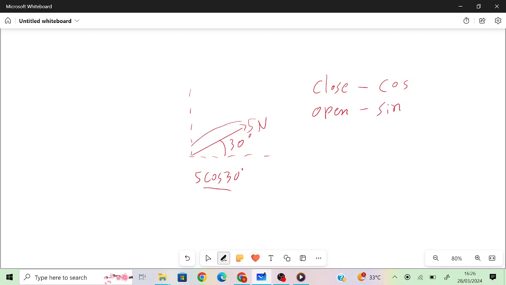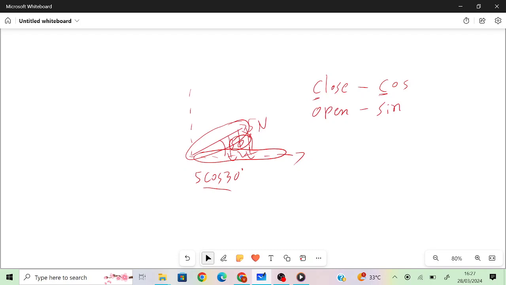This whole force of 5 Newton, we're trying to get it down to the horizontal. We're trying to find it in that direction. And in order to do that, this 30-degree angle is being closed down. It's being chopped down. So we're closing that 30-degree angle. Hence, we use 5 cos 30. The reason people tend to remember this norm is because the C of close and the C of cos sound alike. So it just sticks to the mind.